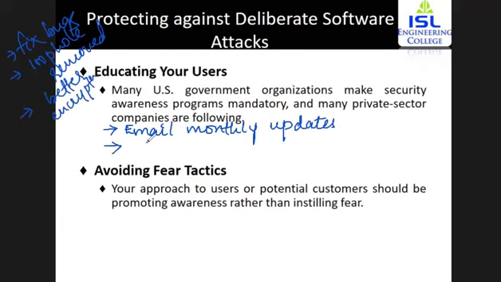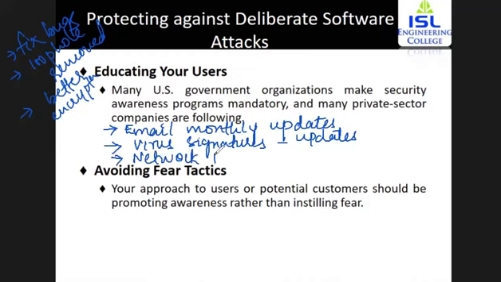Then the next one is, as antivirus is going to identify the virus based on virus signatures, all these virus signatures also need to be updated so that they can be scanned via the antivirus software. And then network protection via installing firewalls, so that unauthorized people do not get access within the system.